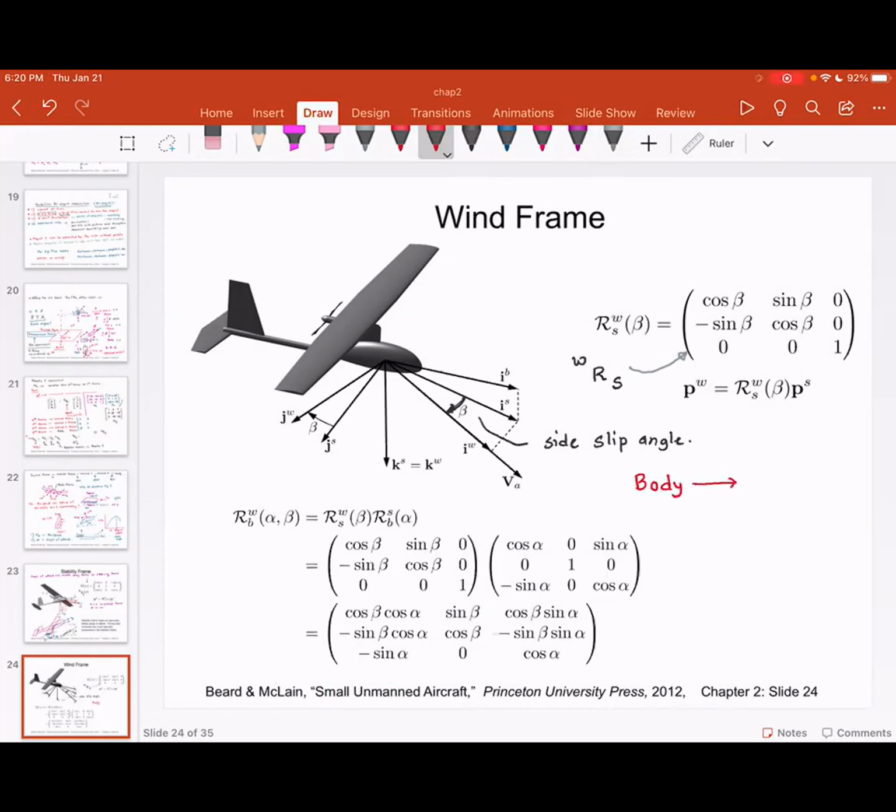Now from the body frame, we went to stability frame, and the angle that is relating body frame to stability frame is angle of attack. Then from stability frame, we are going to wind frame, and the angle that is relating the stability frame to wind frame is the side slip angle, which is beta. So this is angle of attack, and this is side slip.